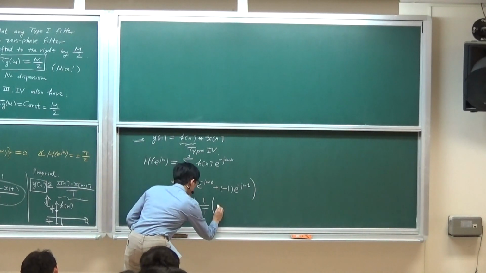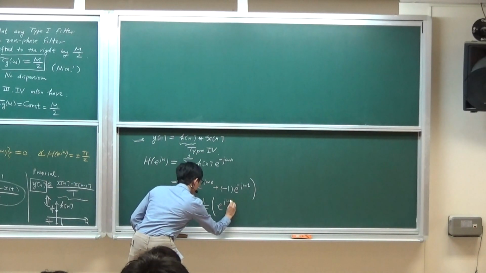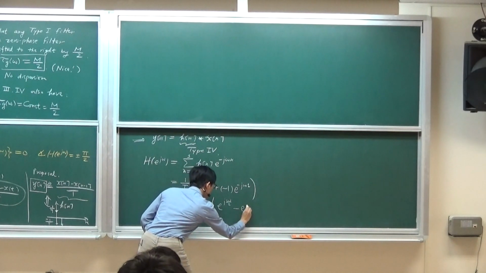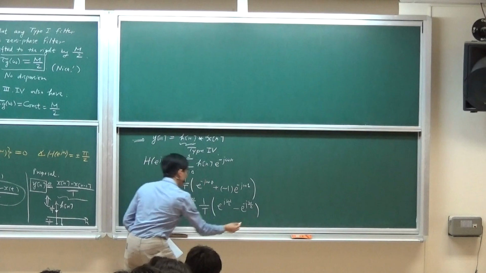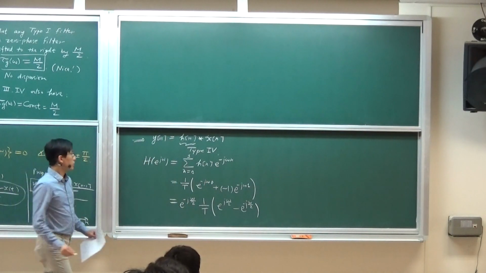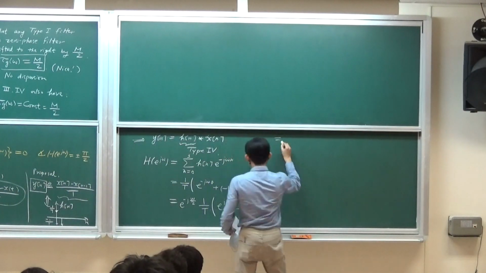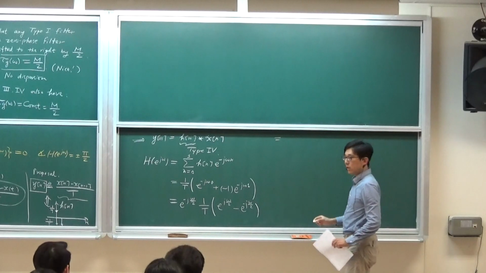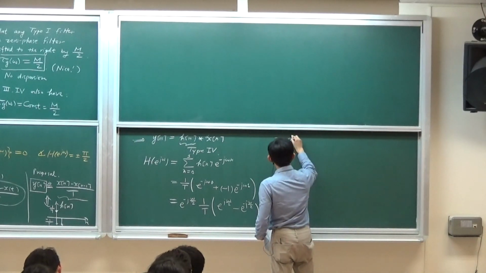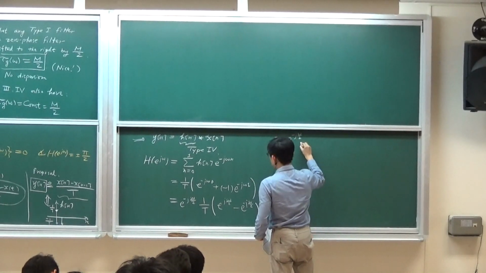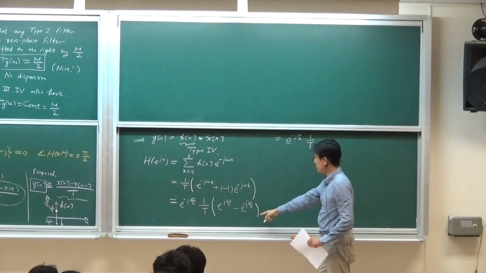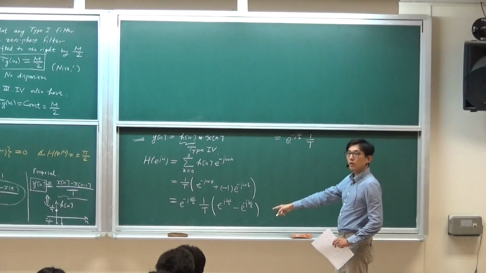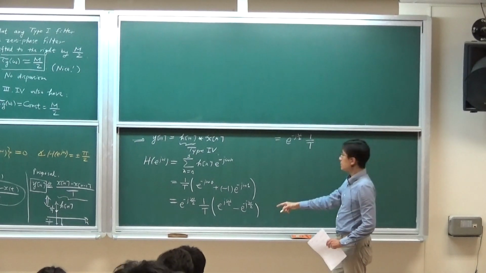Now we have e to the plus j omega divided by 2 minus e to the minus j omega divided by 2. All right? So we further continue. Is everything okay so far? We still have this linear phase term, times 1 divided by t. And here, what is this? This is 2j sine omega divided by 2, right?